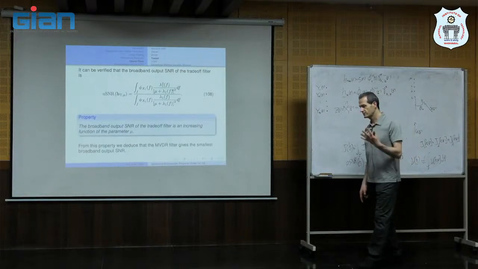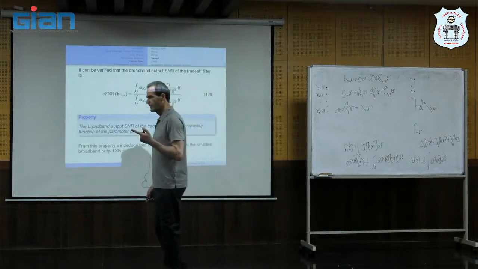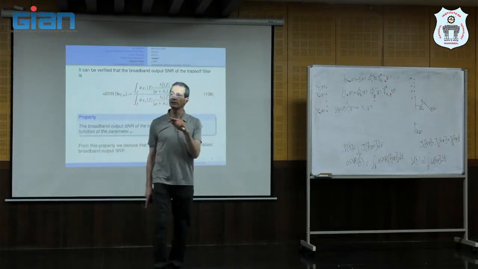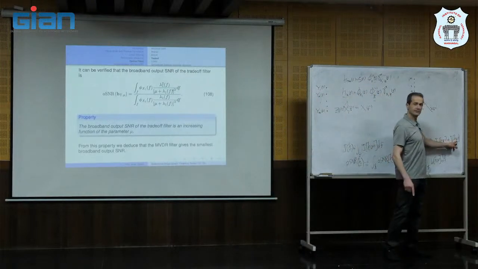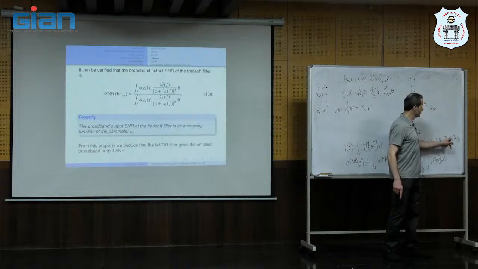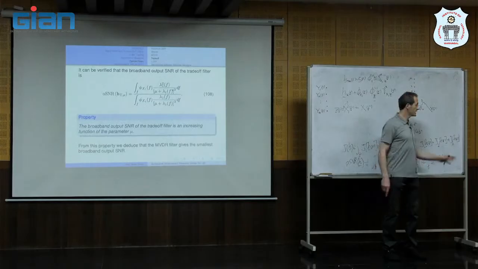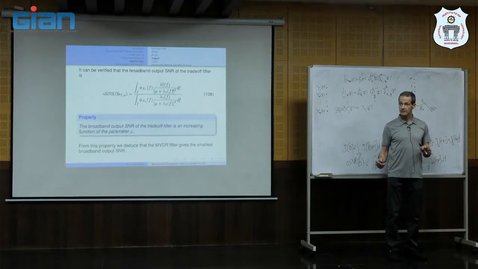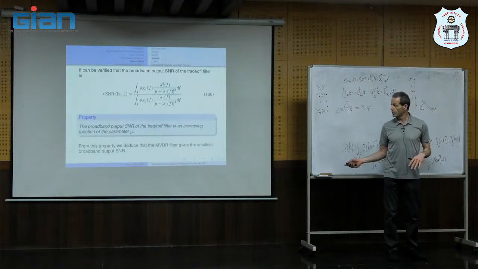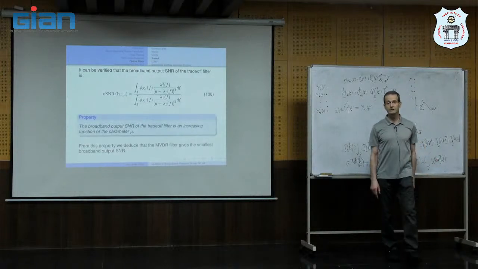Okay? So sometimes it gives us insight to show that this parameter mu, of course, we can choose different mu for different frequencies. Here I can put mu, which is constant over all frequencies. But I can change it. For each frequency, I can change it. But if I use a constant mu, then the broadband output SNR will be an increasing function of mu, which is nice.